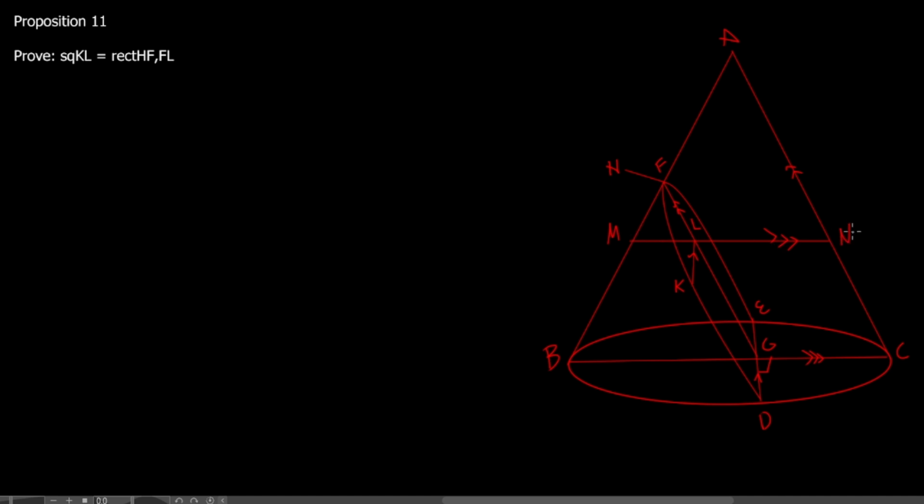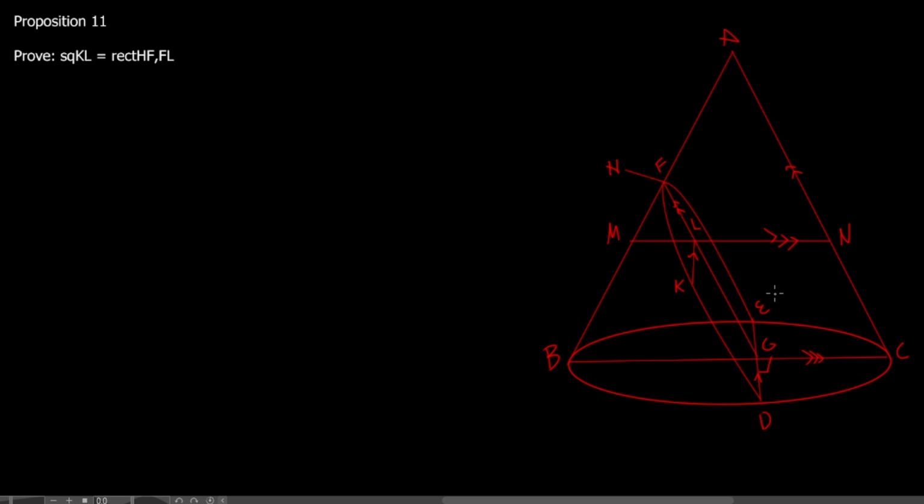And because MN is parallel to BC and KL is parallel to DG, we know that the points M, K, and N are all lying in a plane which is parallel to the plane BDC of the base, so they would cut off a circle.